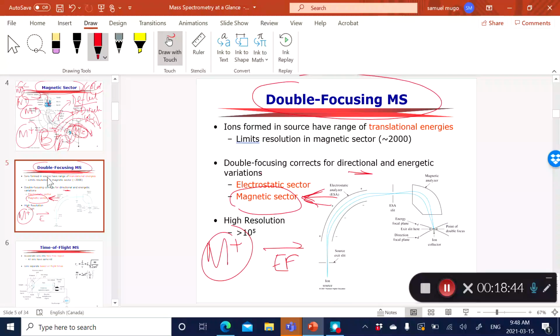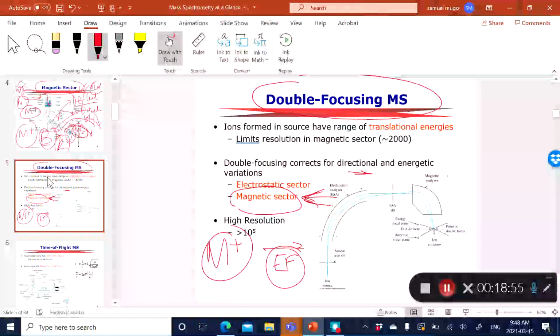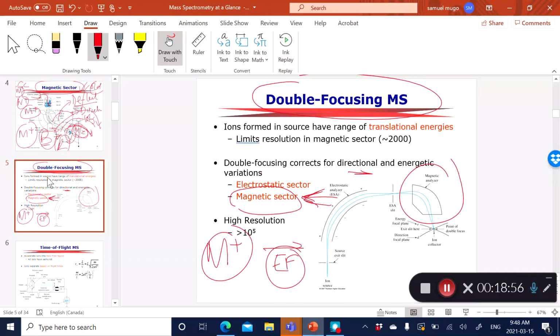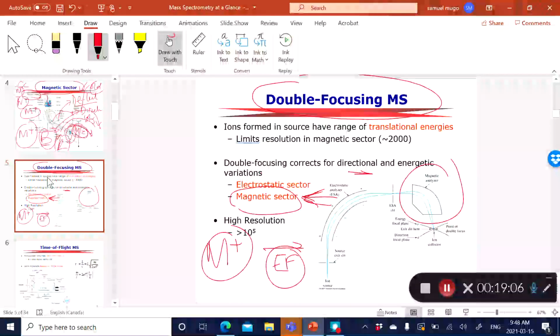So in this case, you expose it to an electric field and, based on that, you can determine equal energy, and then after that, you expose it to a magnetic field. And you've got two mass analyzers that you're combining together so that you can improve the resolution.